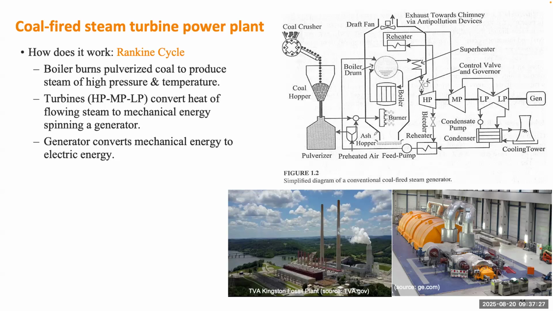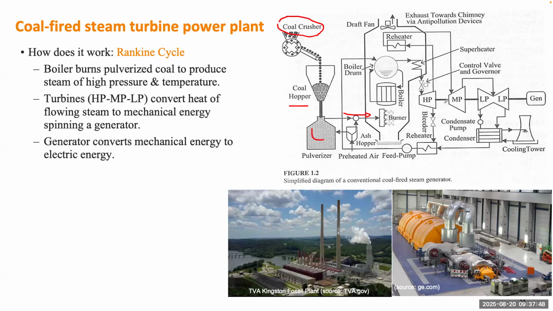So how does this power plant operate? The coal is fed through a coal hopper into the pulverizers, and then fed into the burner.